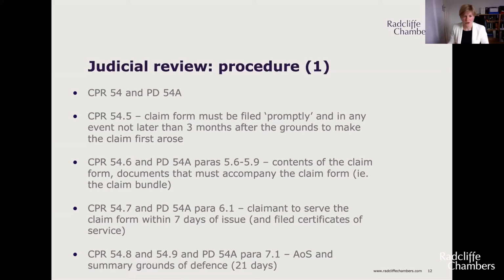And in this new electronic world, that has to go in electronically. It needs to be indexed with hyperlinks, and it needs to be paginated. The Admin Court has very strong and strict guidance on what it wants its bundles to look like when they go before the judge, and it's worth having a look at that to make sure that your bundle complies.